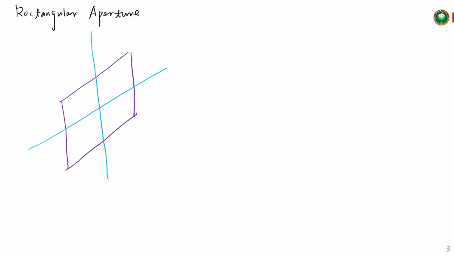So this is the explanation for today. This is xa, this is ya, and on the side, theta a. Okay.